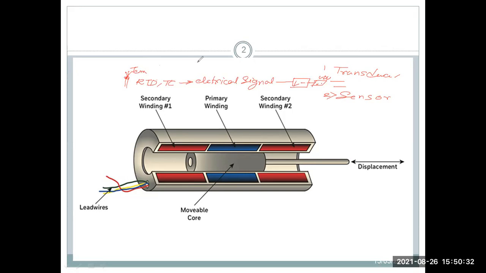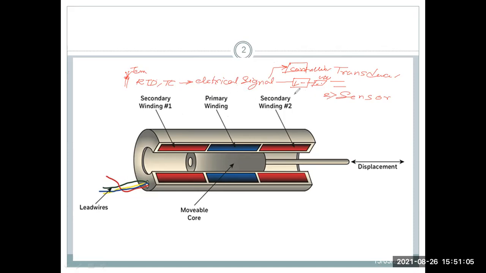This signal may also be sent to the controller so that it can control the temperature. It can control the flow rate of fuel, anything as directed. So this is the instrumentation scheme for measurement of any physical phenomenon.